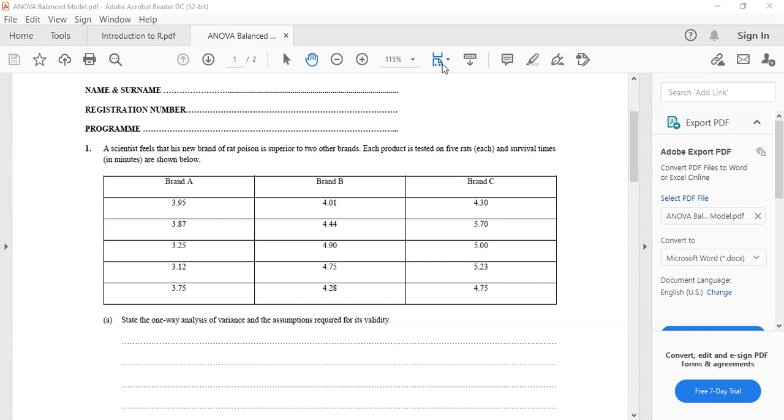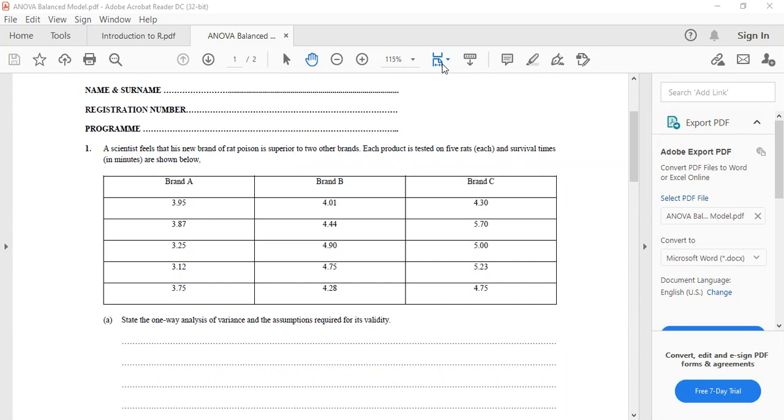So you've given us the model. Can you explain those parameters to us? Okay, so Yij, these are the observations for which i represents the treatment, and j represents the observation or the number of the trial. Yeah, of course.